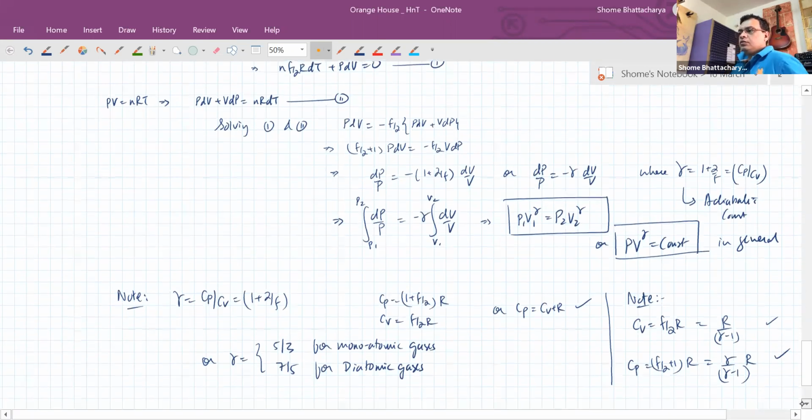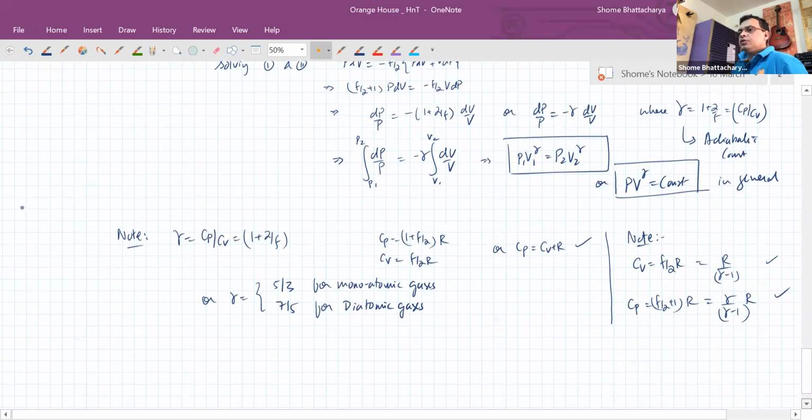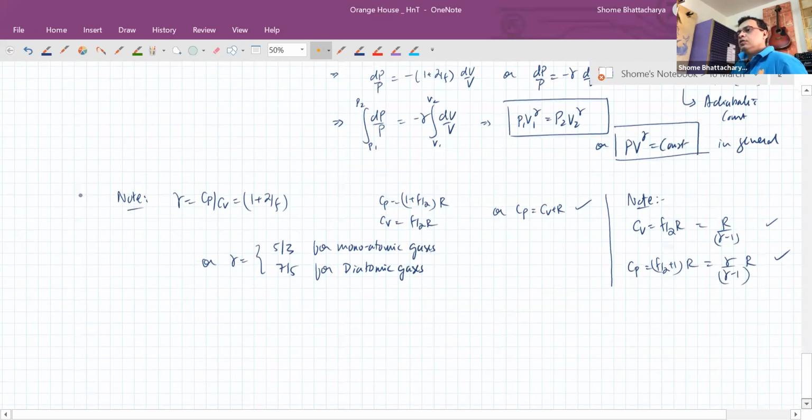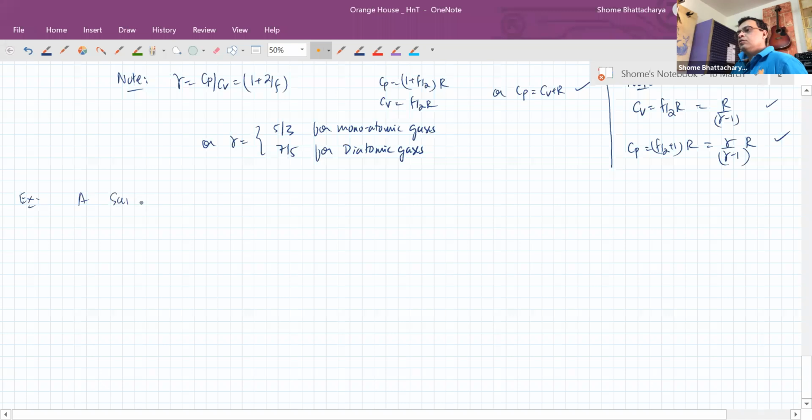Okay, so let's look at an example question based on adiabatic process. A sample of helium at an initial pressure of, let's say, 0.5 atmospheres, volume of 1 liter, and temperature of 100 Kelvin is compressed.